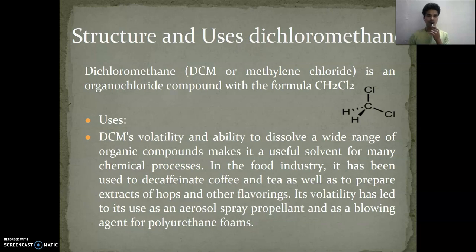In the food industry, it has been used for decaffeination of coffee and tea, as well as for the preparation of hop extract for beer and as a flavoring agent. Its volatility has also led to its use in aerosol sprays as a propellant and as a blowing agent for polyurethane foam.